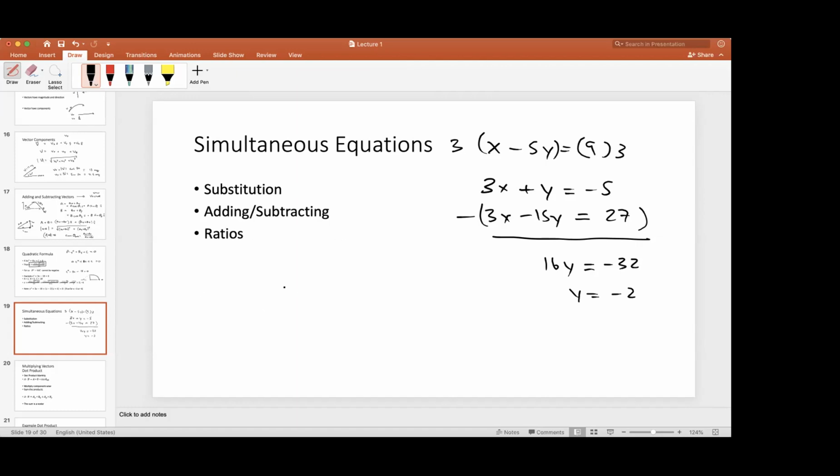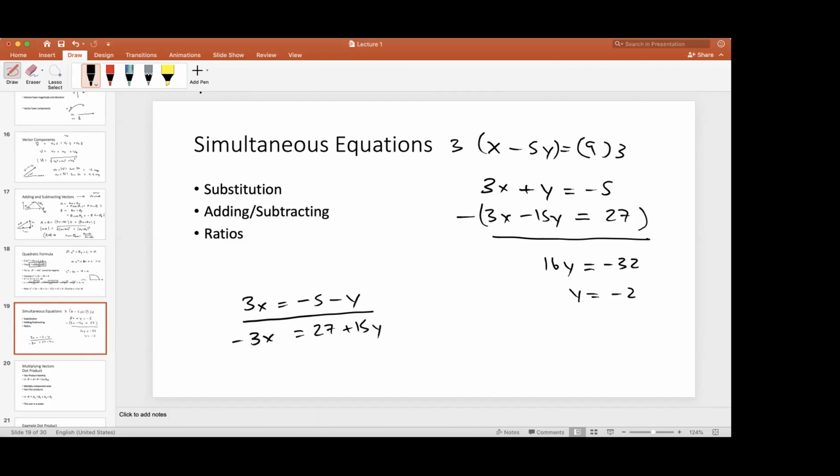The last thing that I want to show you is, so I'm going to use these two. 3x plus y is equal to -5 is -5 minus y, and 3x with a negative sign is 27 plus 15y.